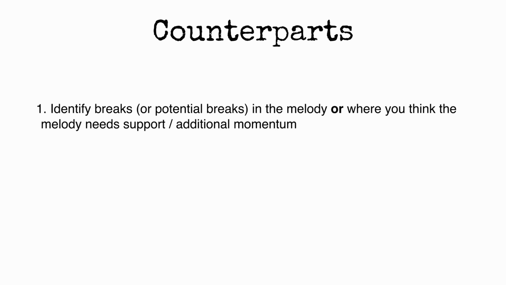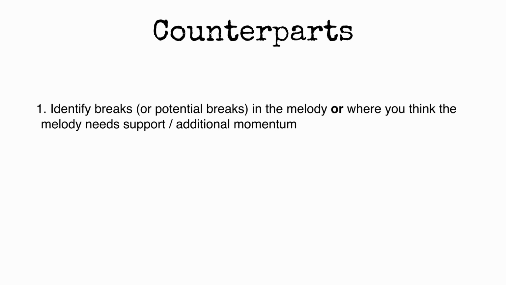So it might be on the second repeat of the full melody or the full period or sentence. Or if you have a really memorable motif, a really key idea, and you can state that very quickly, then once you've heard that motif a few times, you can start bringing in your counterparts. It shouldn't be right from the get-go, though, because you'll just lose your audience. They won't know what they're supposed to be listening to.